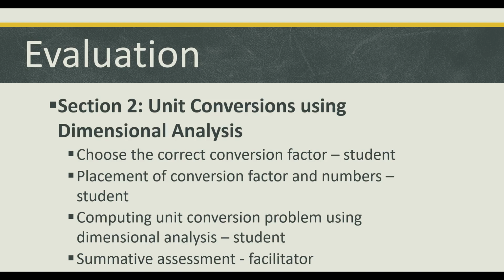That way they know whether they're on the right track or not, and they can ask the facilitator questions, or they can repeat the instruction if necessary. At the very end of the module, there will be a summative assessment that will include questions to evaluate whether the students have a full understanding of these objectives.